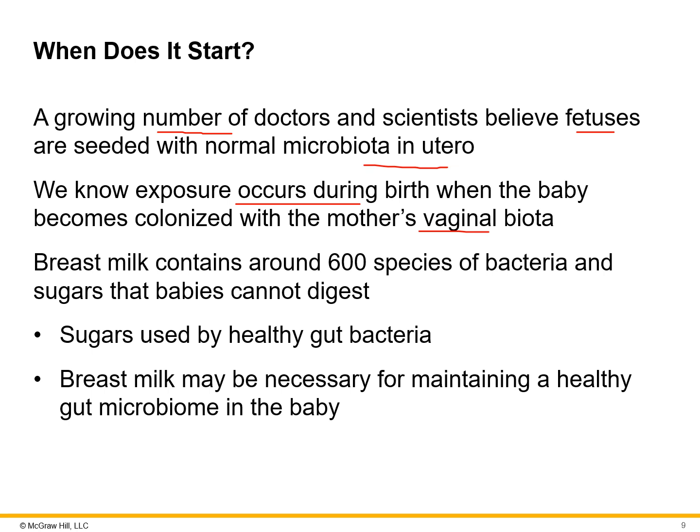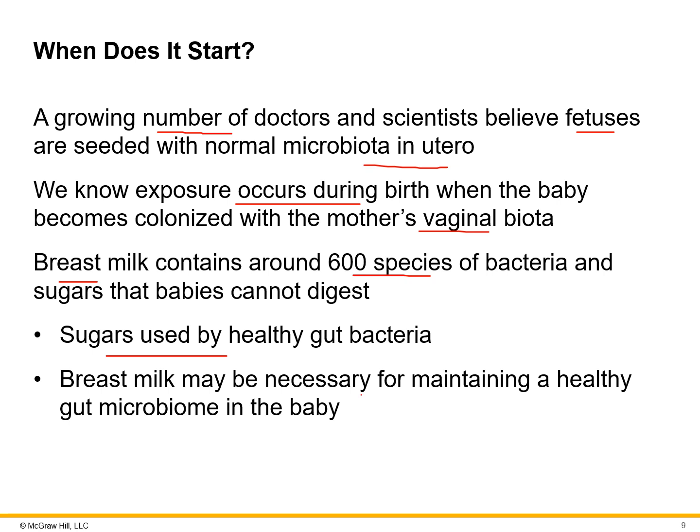And then breast milk also has lots of different bacteria that help set up that normal biota, because again, the babies actually can't quite digest food, so that normal biota actually helps them break down the sugars.